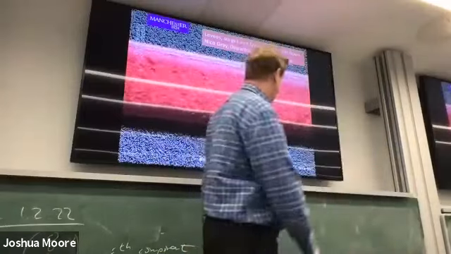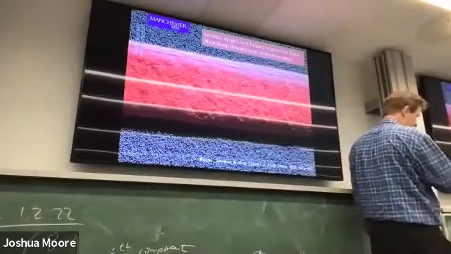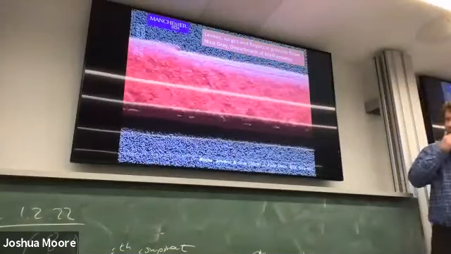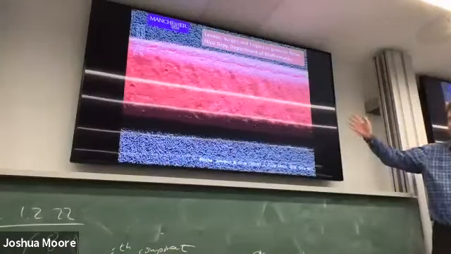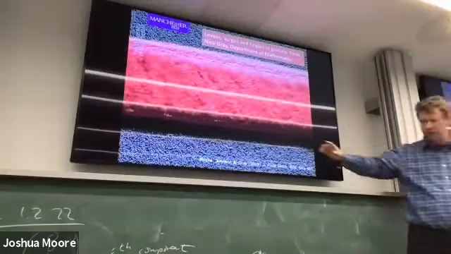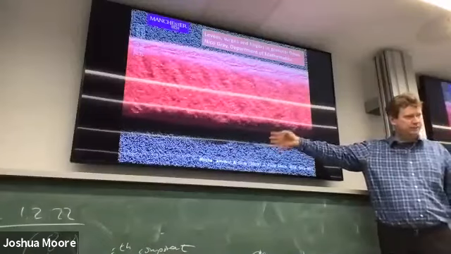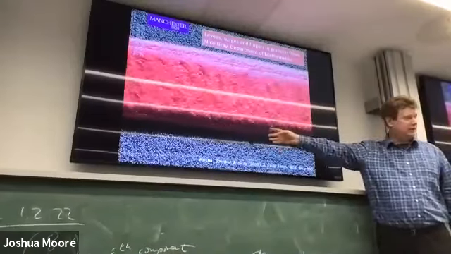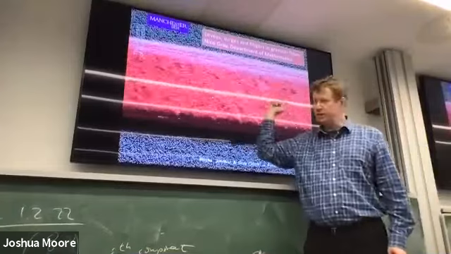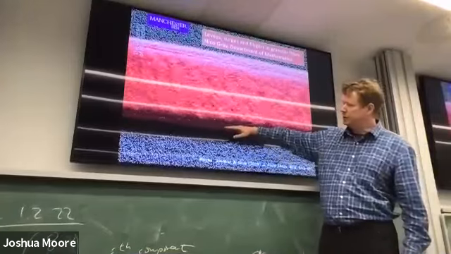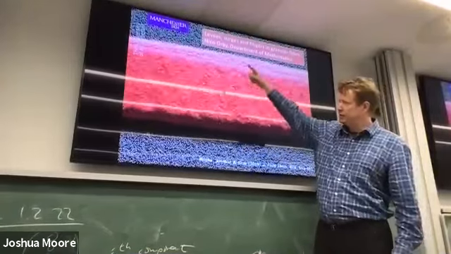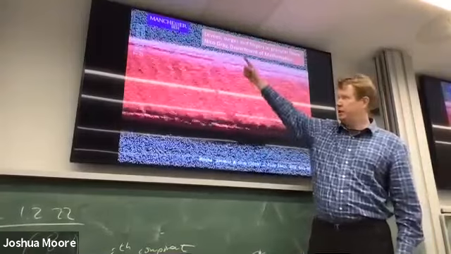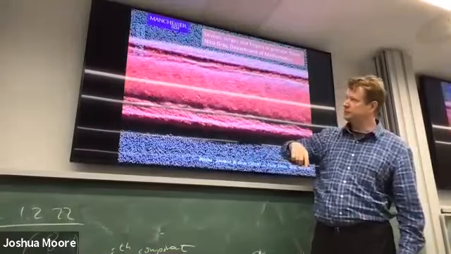Okay, so I'll do my best to whiz through various things. Let me explain a little bit about what you're looking at. You're looking at a flow down an inclined plane, and it's sand, all roughly the same size, and that's the downslope direction. It's an interesting flow because the sides of the flow become stationary automatically.